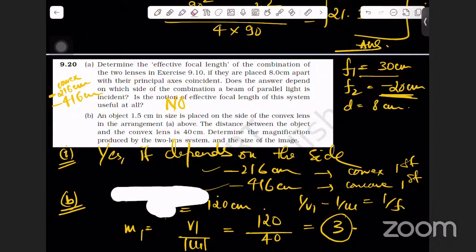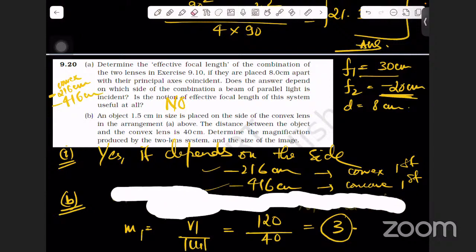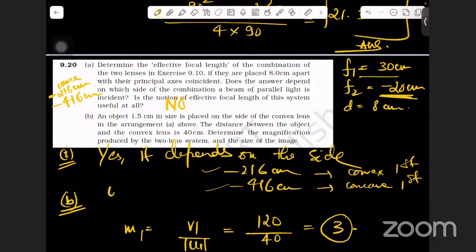Okay. Now, for the concave lens, U2 would be 120 centimeters plus the distance, right? 120 minus, because it's on the same side, 120 and this was 8.